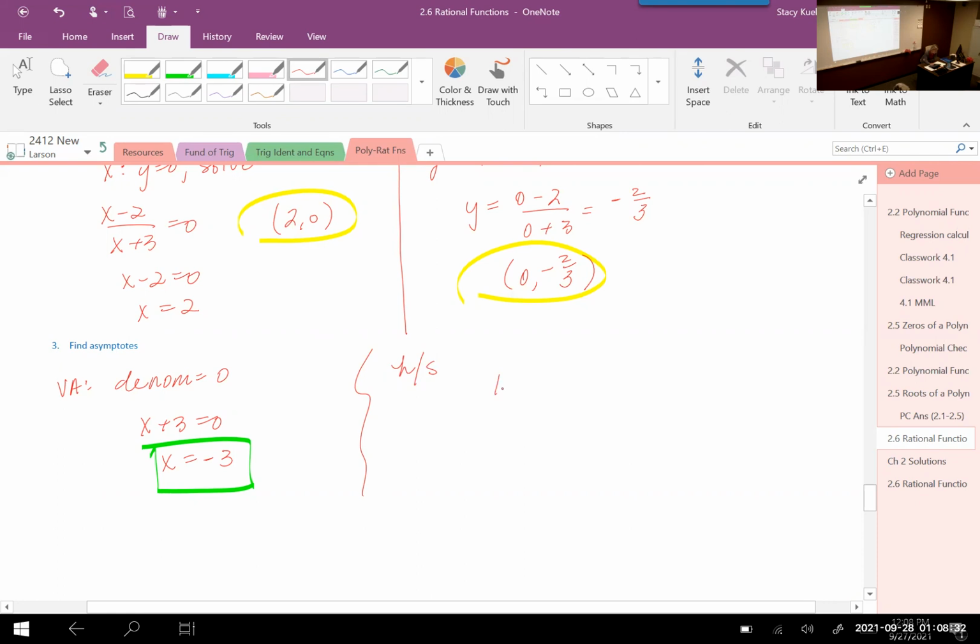Okay, and what is the degree of the denominator? 1. So when the degrees are equal, we have a horizontal asymptote occurring at the coefficient of the numerator over the coefficient of the denominator. The coefficient in the numerator is 1, denominator is 1, so I have a horizontal asymptote at y is equal to 1.